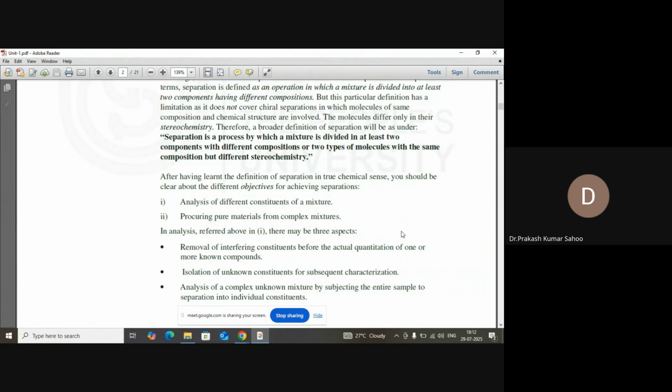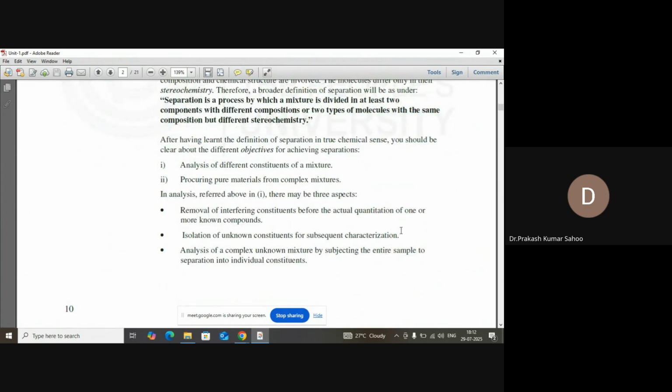Then we have analysis of different constituents of a mixture, procuring pure material from complex mixtures, removal of interfering constituents before the actual quantization of one or more known compounds, isolation of unknown constituents for subsequent characterization, and analysis of a complex unknown mixture by subjecting the entire sample to separation into individual constituents.